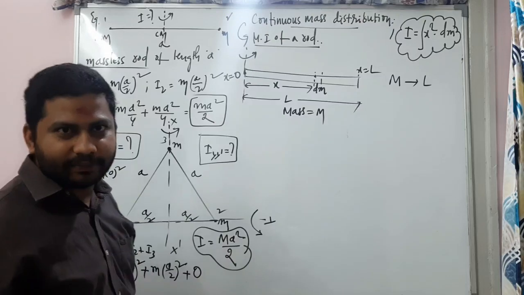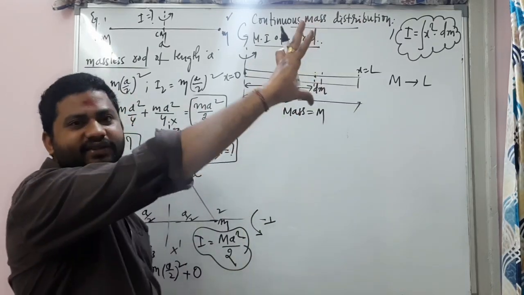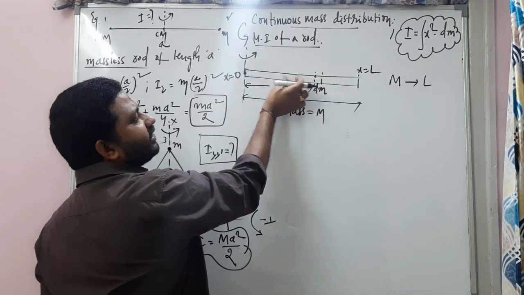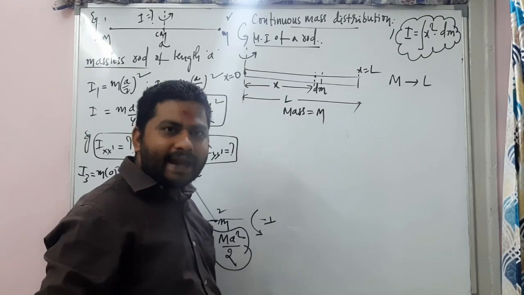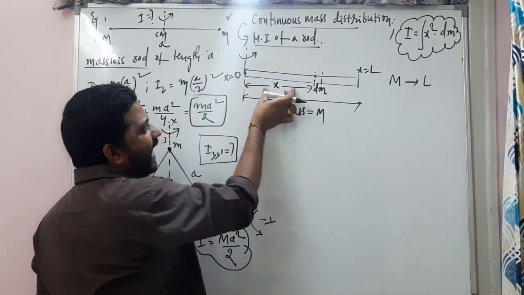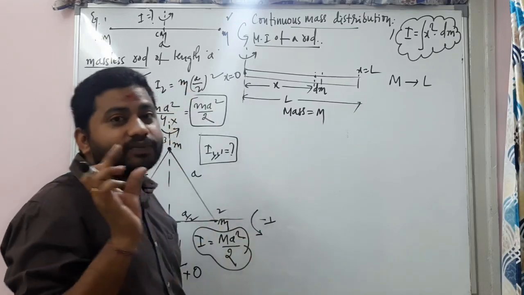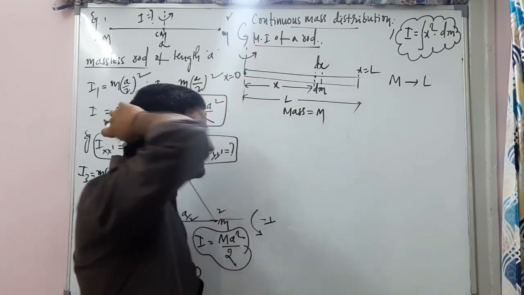Because I have told you already, this is a continuous mass distribution. There is dm here, there is dm, there is dm. At a random point at a distance x from the axis of rotation, a small mass element dm and a small length element dx is considered.